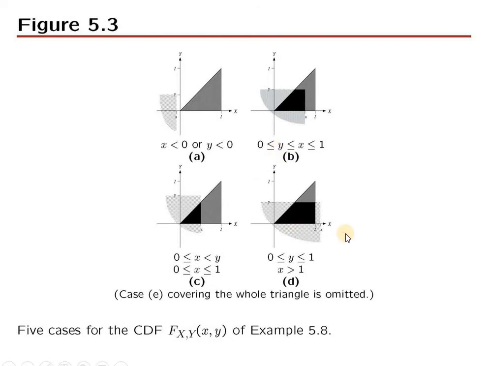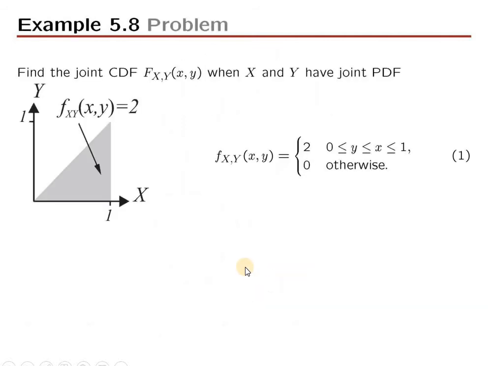Now the third one is if x is between 0 and 1 and x is less than y. Okay, so lastly, we have this range that is more than this region of CDF. So in this way we calculate the CDF from the PDF.